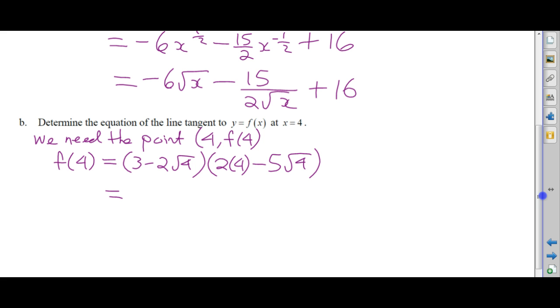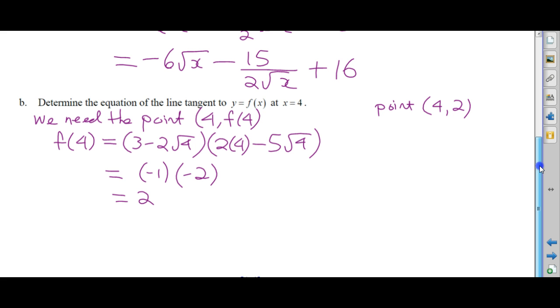Okay, so this is negative 1: 3 minus, so 2 times 2 is 4, 3 minus 4 is negative 1. And that's 8 minus 10, so that's negative 2. Negative 1 times negative 2 is 2. Okay, so we have the point 4, 2. And we need the slope.